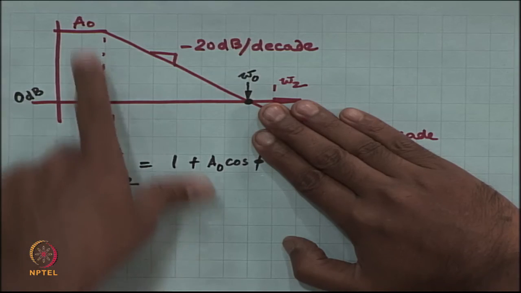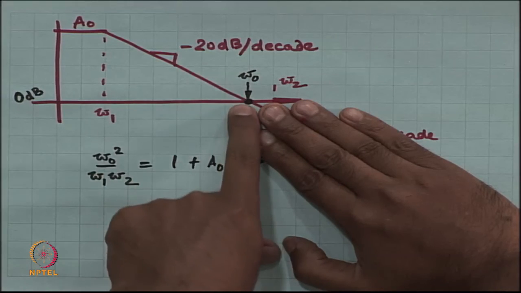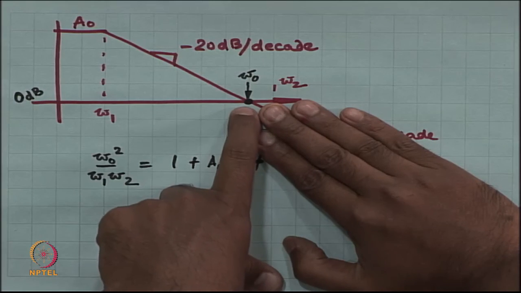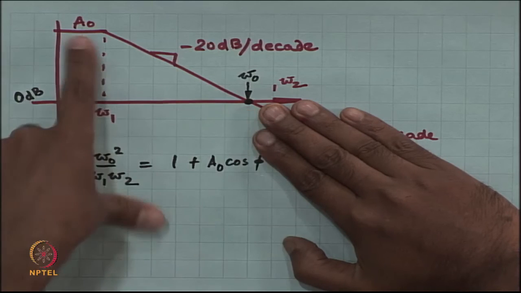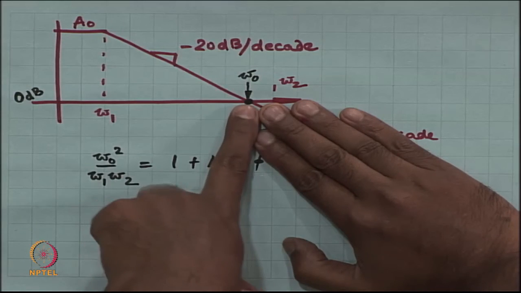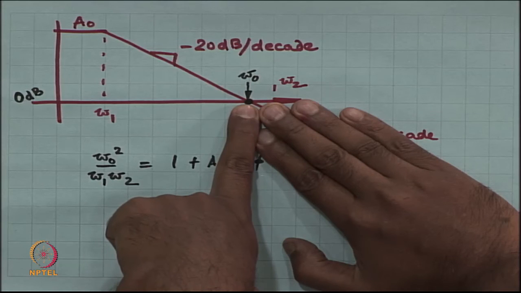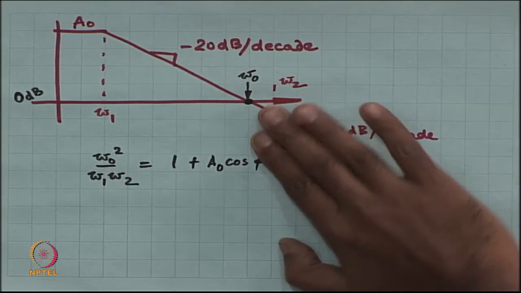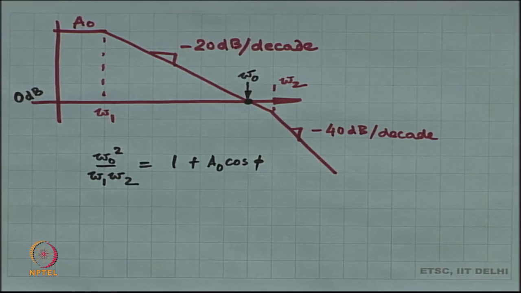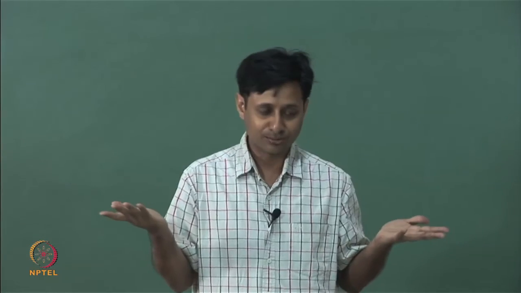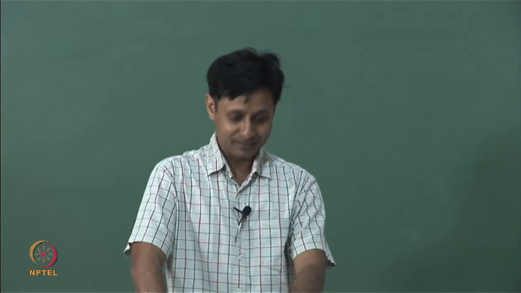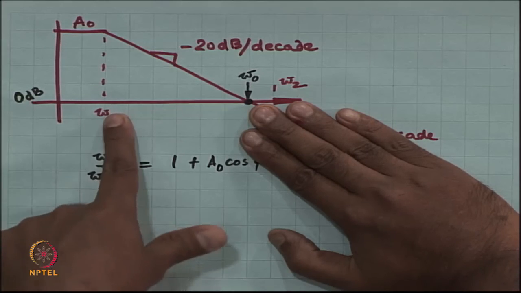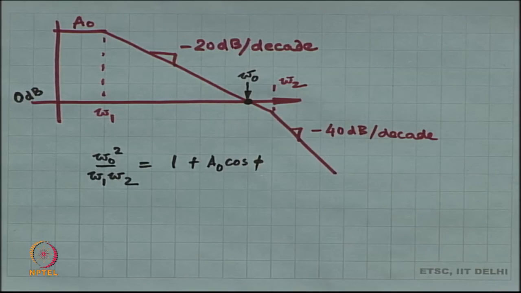So, here I have gain coming down, gain decreasing by a factor a naught. It started with a gain of a naught, ended up with a gain of 1. What is the ratio between omega naught and omega 1? It is therefore going to be equal to a naught, because gain has dropped by a naught times, therefore, frequency must have increased a naught times.